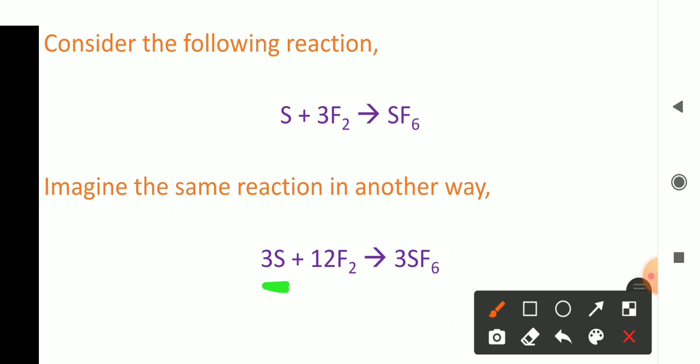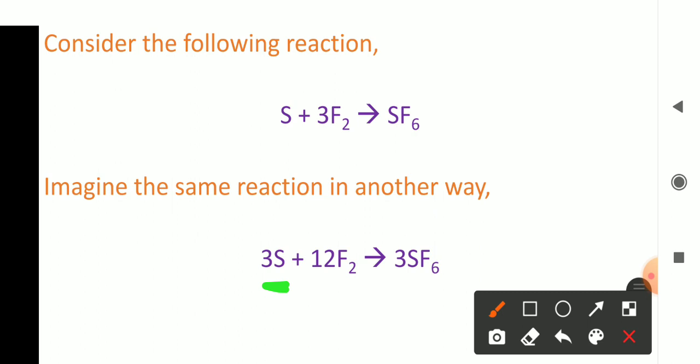If we have extra amount of sulfur, it can further react with the excess fluorine and we can get more product, but the reaction is limited or stopped because of the low quantity of what? Sulfur. So in this place, what is acting as a limiting reagent? Sulfur is acting as a limiting reagent because it stops or limits the reaction from further taking place. So here it is considered as the limiting reagent.